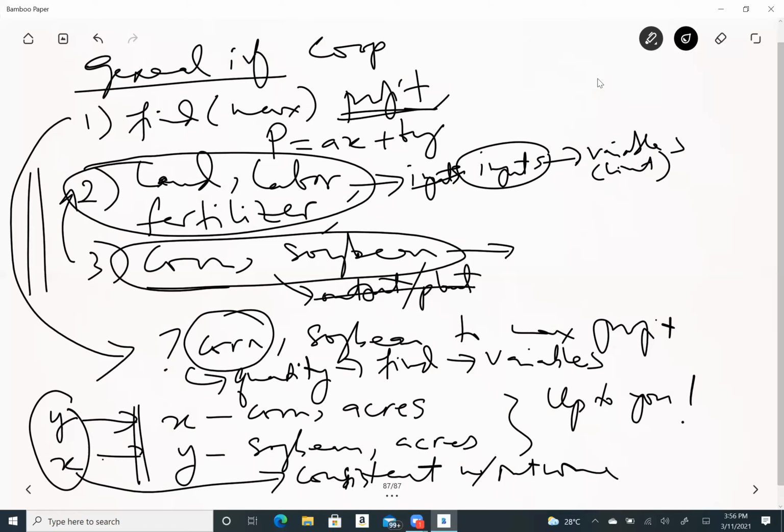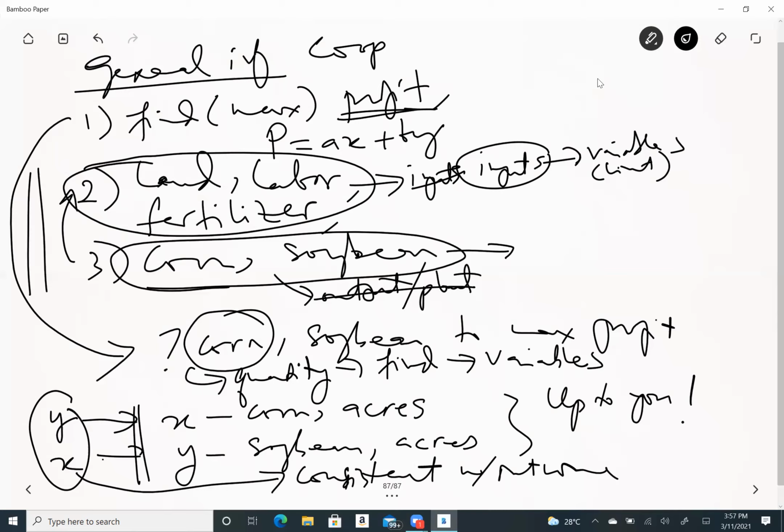Afterwards, I'm going to give you another problem where the table is not given, and we have to come up with the table. If you look at the table there, you have corn, soybean, fertilizer, labor, and the requirements are given. Then the total available, the last column there, is the limit for fertilizer.